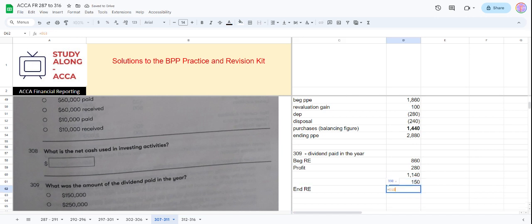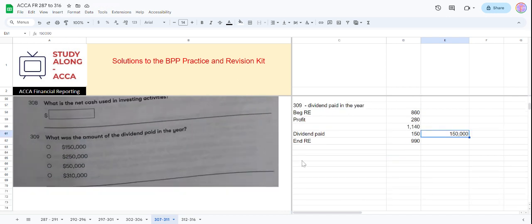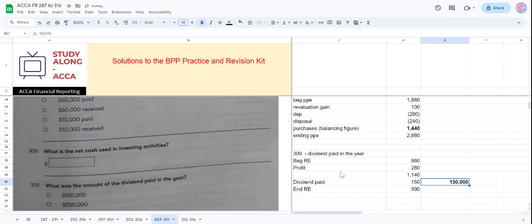So definitely this is the dividend paid. This much we paid. That's why our ending RE is this much. It will be the balancing figure. So our answer should be, because these are in thousands, 150,000 for 309. First one should be our answer.